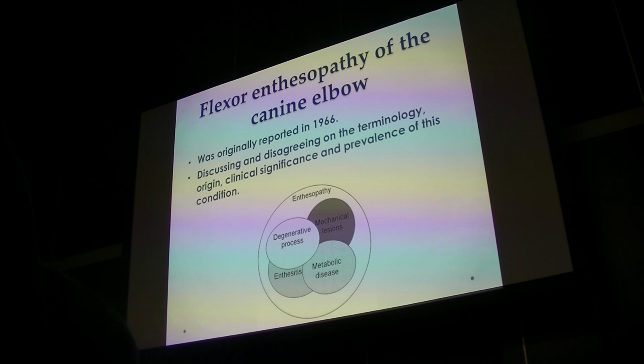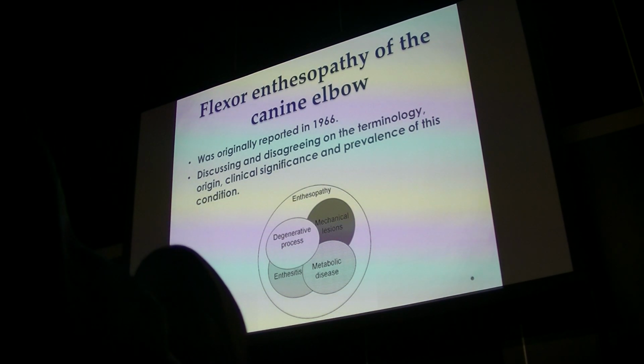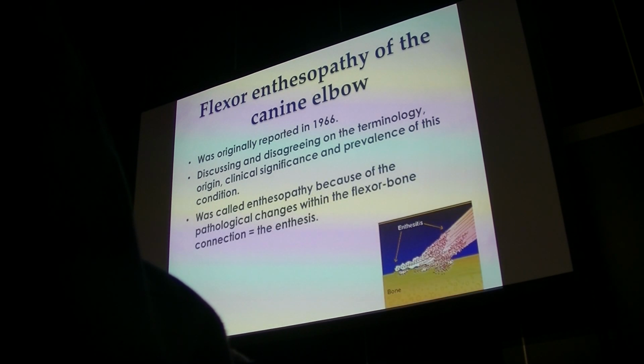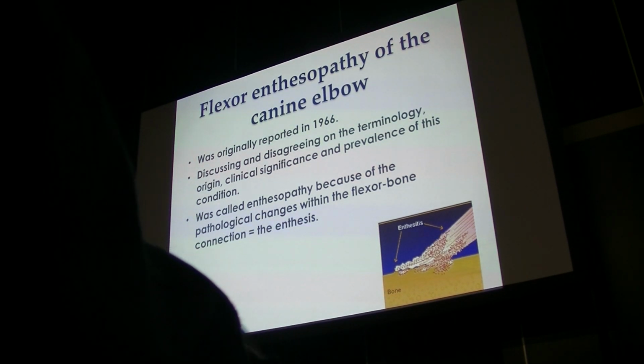Initially, people published that it was an ununited medial epicondyle. Later on, it was described as avulsion of a fragment at the level of the flexor tendons. And it's these days that it's really been recognized as being correlated with pathology and lameness.